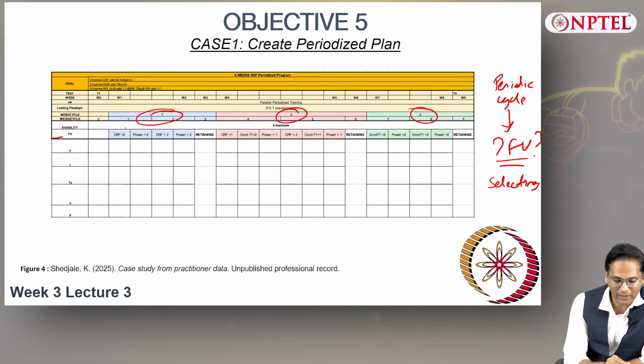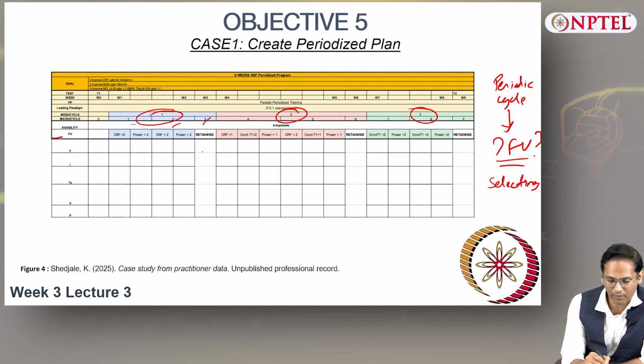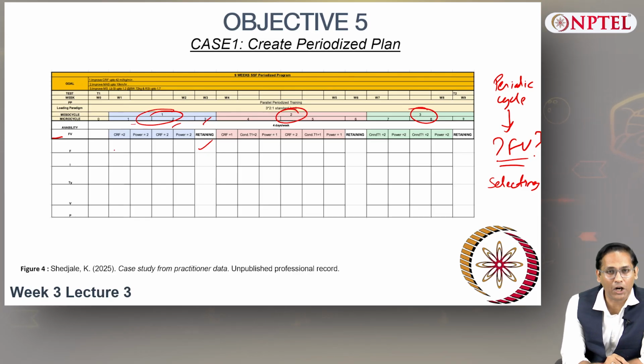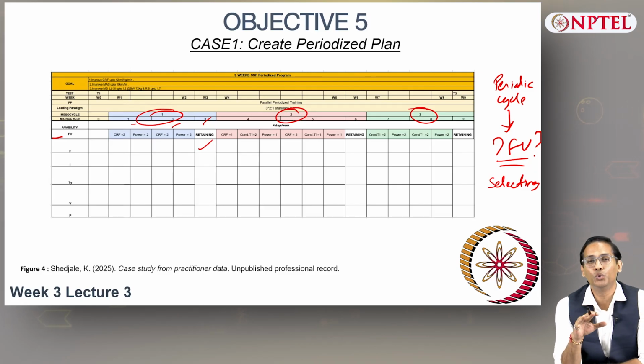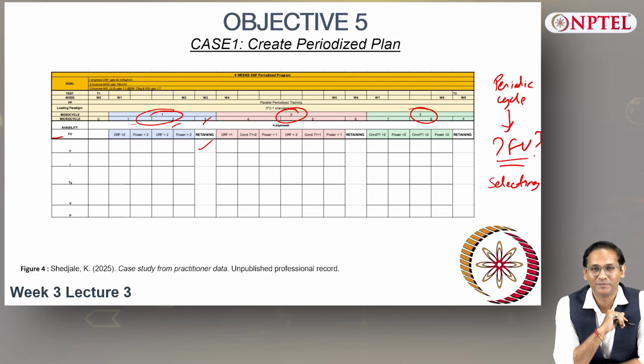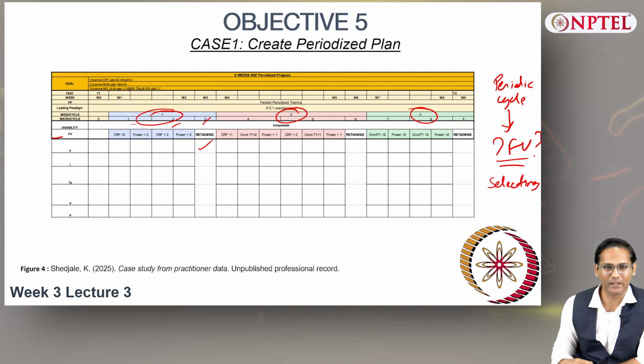Within this cycle, there are 3 weeks, week 1, week 2 stimulation weeks, week 3 the detraining week, which is mentioned. So, how many times cardio workout, how many times conditioning workout, this is something that you as a fitness coach or you as an exerciser have to decide. So, let us consider what planning is done.